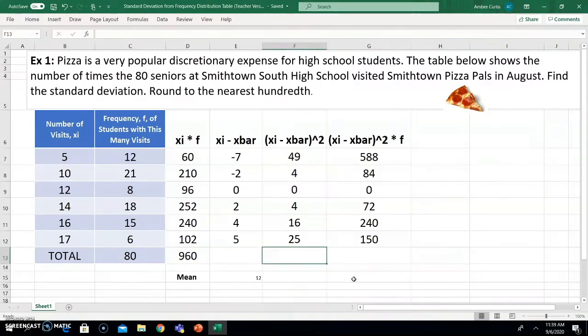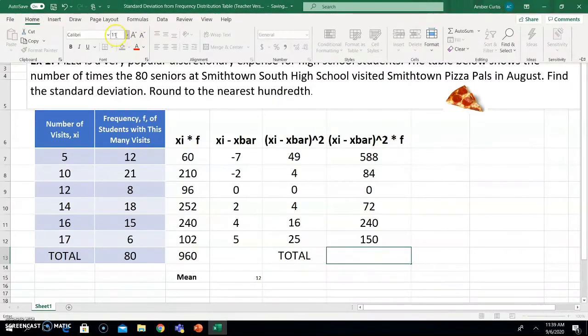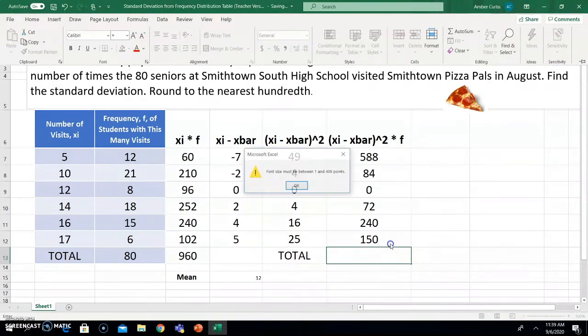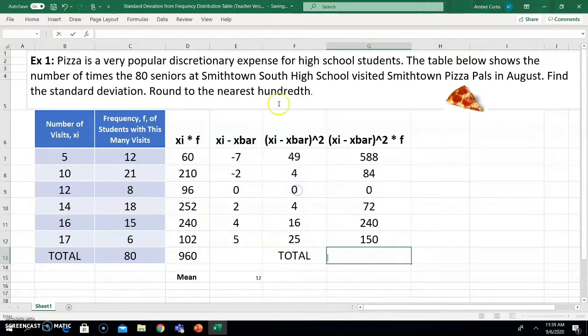So we're going to create another total of all of these values right here. We use equals sum, and find the sum of all of those squared differences times the frequency. And we can see here that we got 1,134.